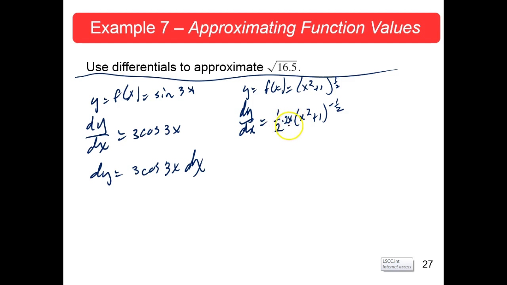I put it in there to make it easier to deal with. The 2's go out, so you have x over x squared plus 1 to the 1/2 power. Okay, so write that in differential form.